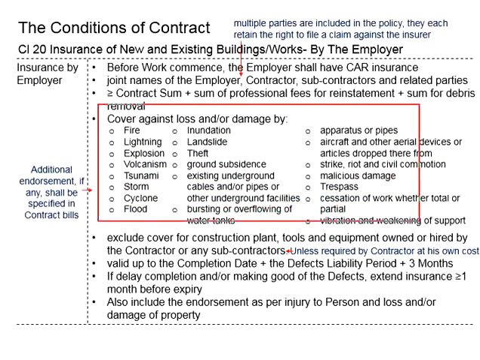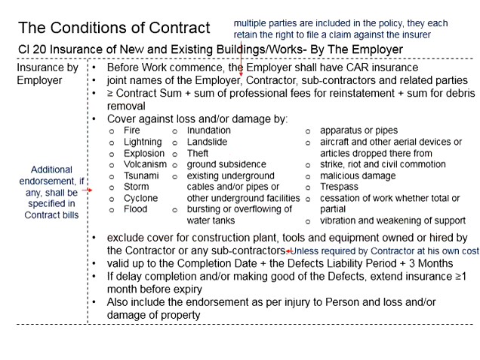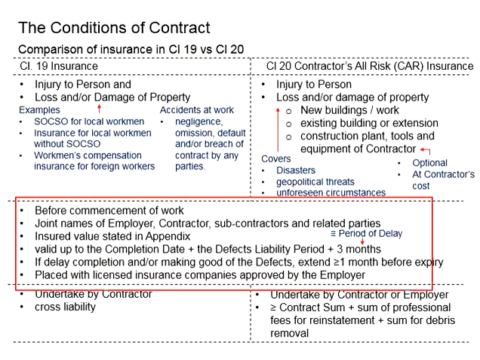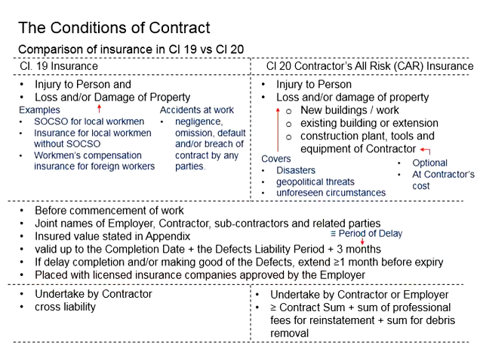There is a list of events being covered by the insurance, normally related to natural disasters, geopolitical threats, and other unforeseen circumstances. If you read between the lines of clause 19 and clause 20, you will find similarity in terms of the requirements.